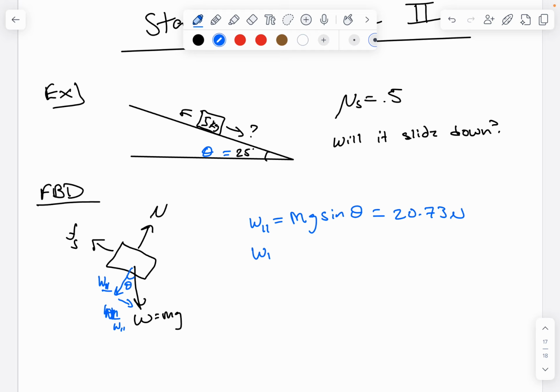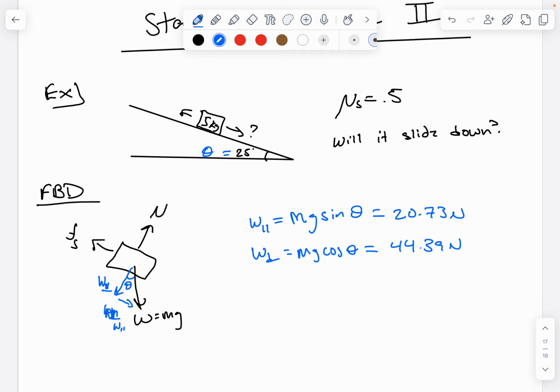And our weight perpendicular is just mg cosine theta. And if we plug everything in, we should get that this is around 44.39 newtons.